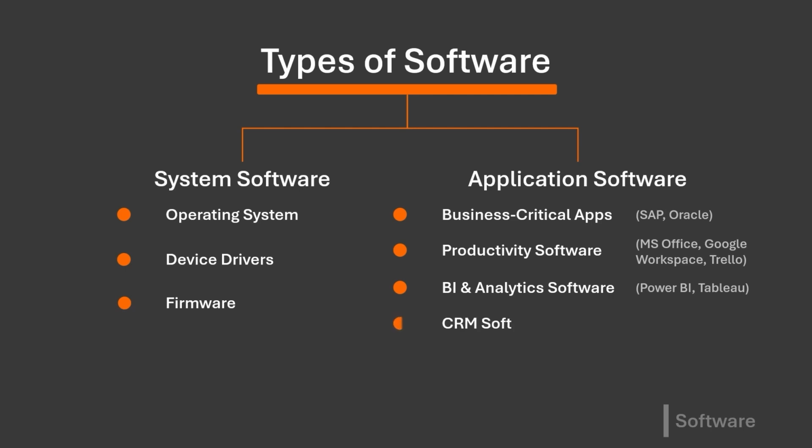We have customer relationship management software or CRM software. Platforms such as Salesforce and HubSpot help companies manage customer interactions, track sales pipelines, and enhance customer service. And lastly, we have communication and collaboration tools. Software like Microsoft Teams, Slack, and Zoom facilitate remote work, real-time collaboration, and team connectivity.